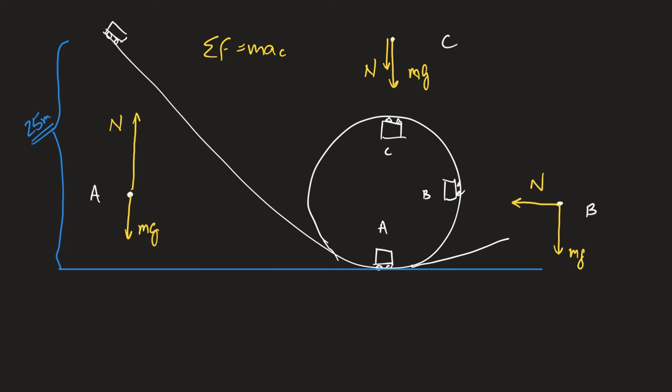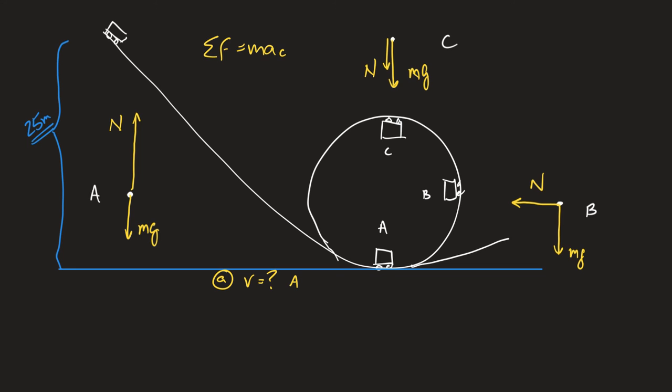We will focus on A and C because the forces line up towards the center. We'll kind of leave out B because the forces don't line up towards the center, which means the car is slowing down while going to the side. But you should be able to, with the knowledge you have, tell me how fast it's going when it reaches A. You have the skill set to do so.